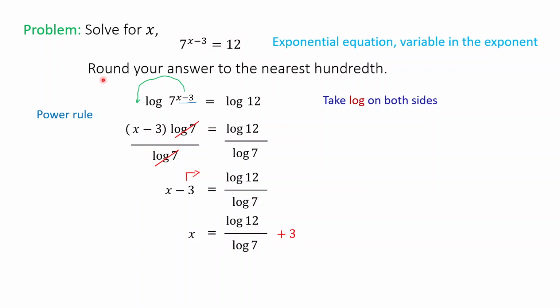But the question is asking you to round the answer to the nearest hundredth. So you need to use a calculator and find log 12 and log 7, divide, and add 3. You will get this. Now round this to the nearest hundredth. You will get 4.28.